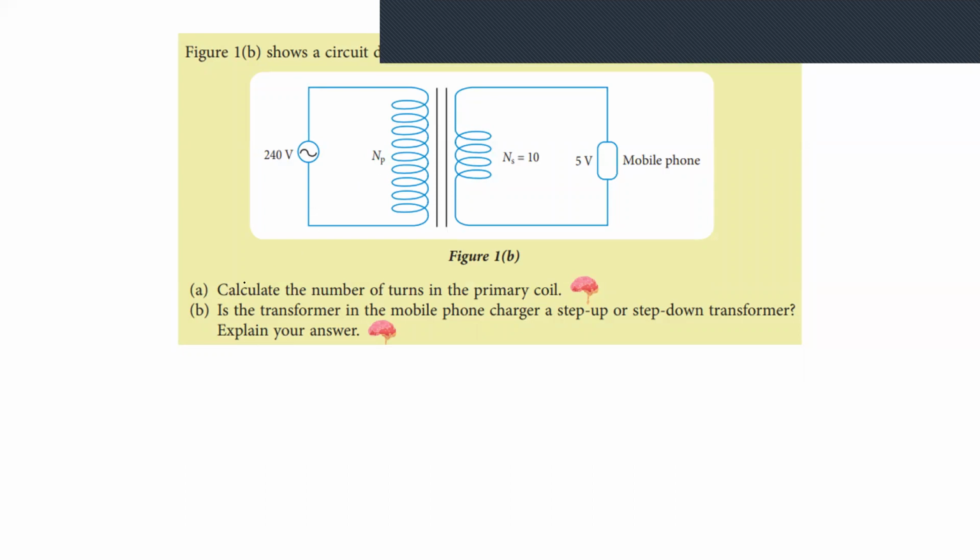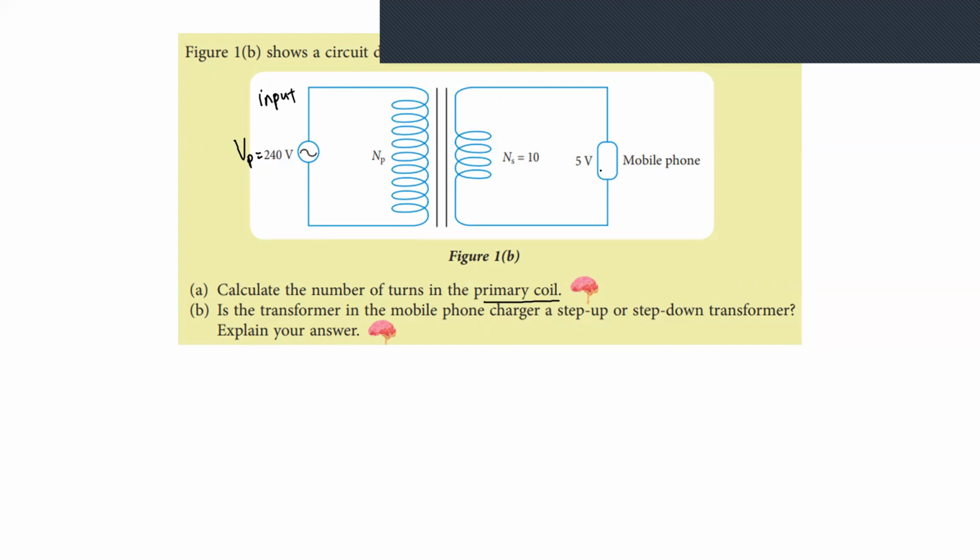Okay, so next, calculate the number of turns in the primary coil. Number of turns in the primary coil means input. So let's recognize this is the input voltage, VP. This is NP. So the left-hand side of the diagram would be input.